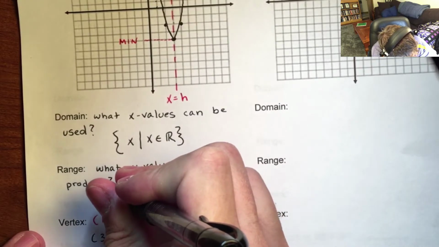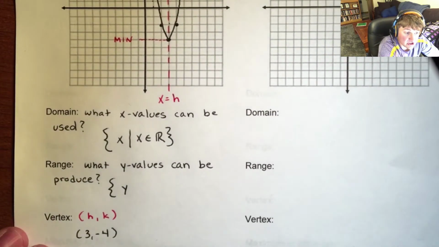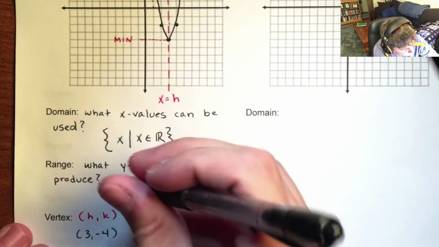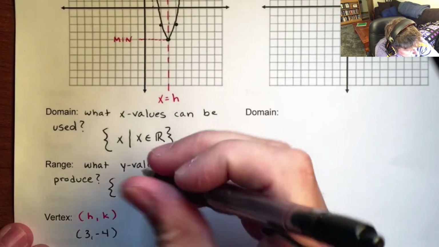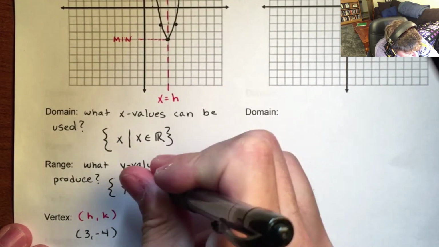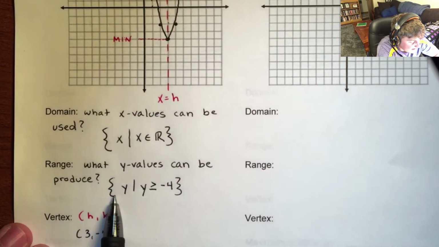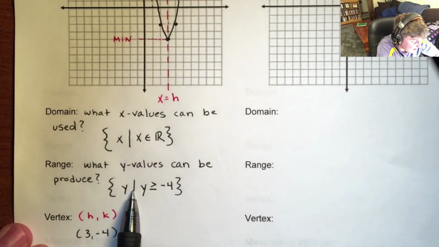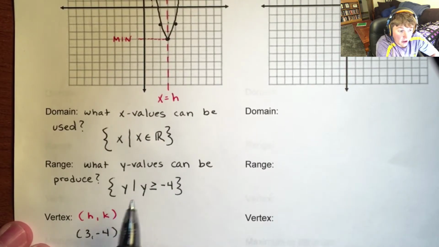This is going to be the set of y values such that y is greater than or equal to negative 4, because my range discusses my y values. So how did I get all of this? Well, I found my minimum value.